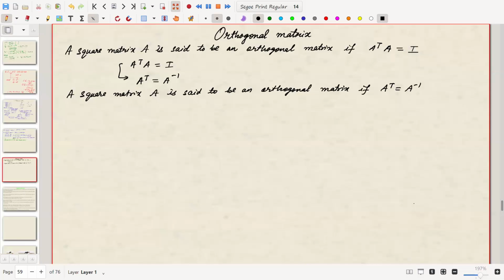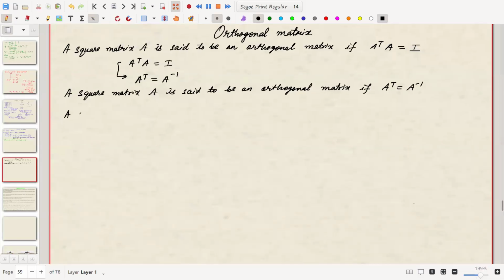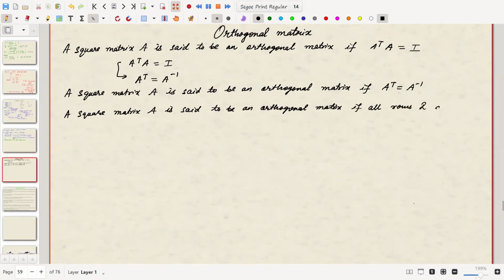I will write another definition of an orthogonal matrix. Third definition: a square matrix A is said to be an orthogonal matrix if all rows and all columns are orthogonal to each other.